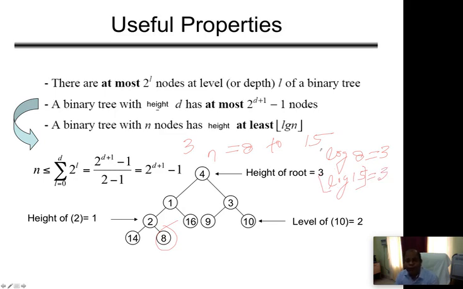That means floor of log 8 is equal to 3, and floor of log 15 is equal to 3. That means if we have n nodes, then height will be at least floor of log n, and that can be proved also.